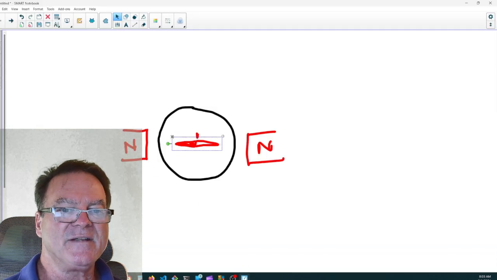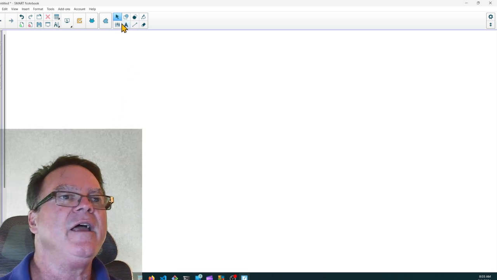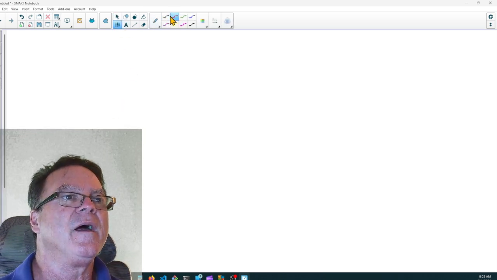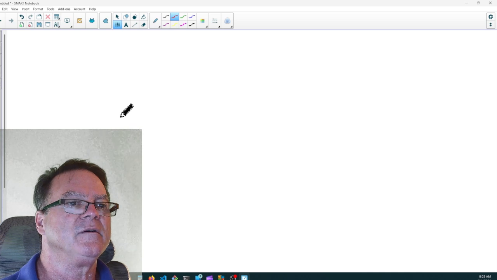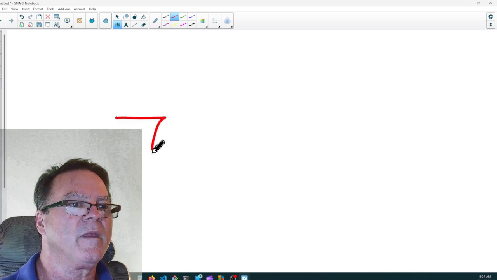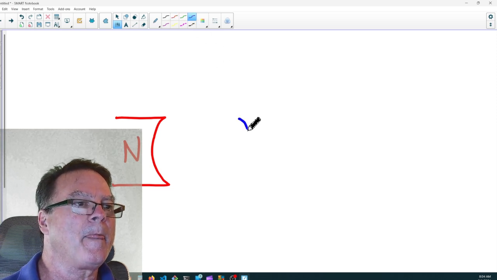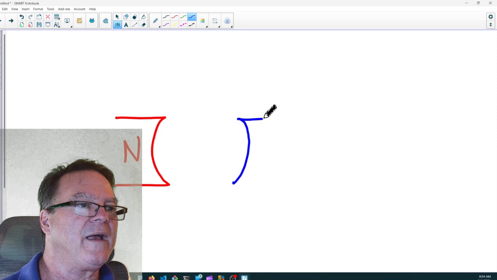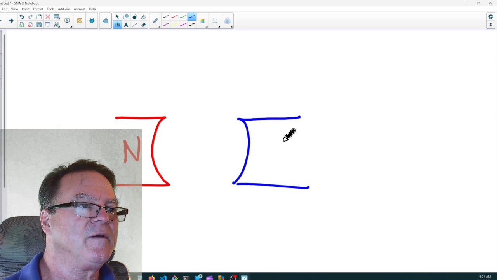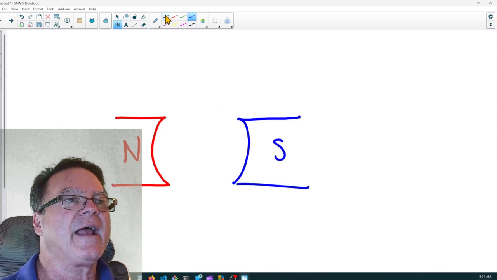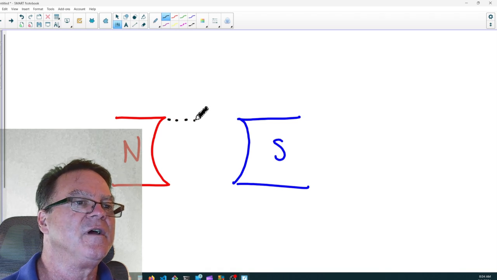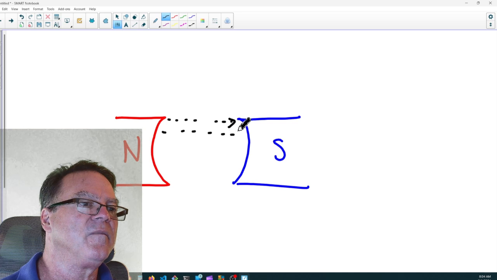So basically the neutral plane, if I have a North Pole and I have a South Pole, and I have lines of flux moving from north to south.